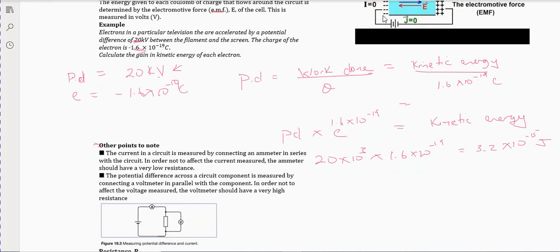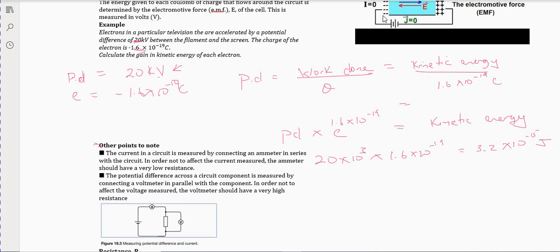Note that whenever we're measuring current in any circuit, the ammeter must be connected in series with the component that you want to measure the current through. The reason why we can put an ammeter in series is because of how it is designed.